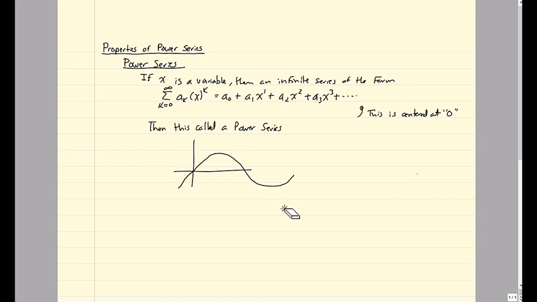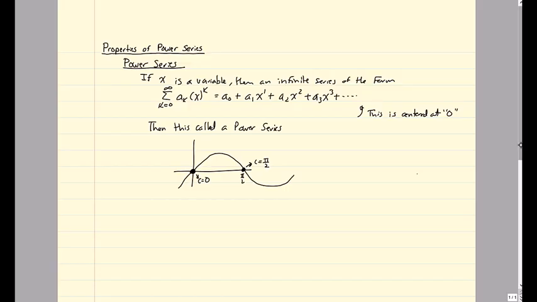Let's say we have some curve like this. It looks suspiciously like the sine curve. If we wanted it centered at 0, that's where we're talking about right here, c equals 0. We're trying to do our best job at c equals 0. Now we could have a different series, and I could center it at pi over 2. So not every power series is centered at 0. Some are centered at different values.